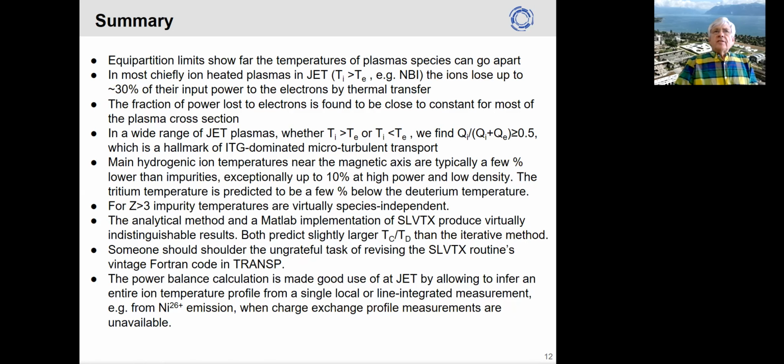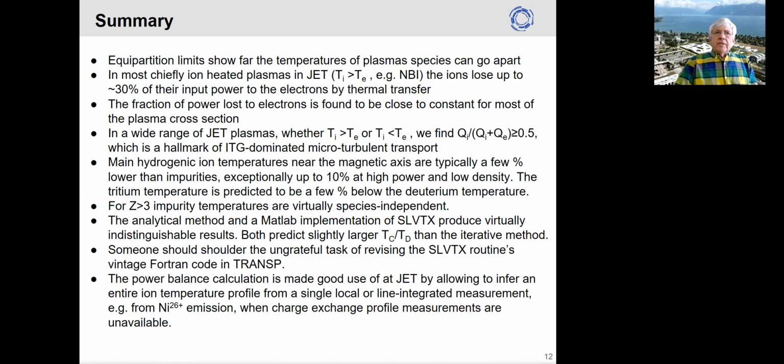The main hydrogenic ion temperatures near the magnetic axis are typically a few percent lower than impurities, exceptionally up to about 10% at high power and low density. The tritium temperature is predicted to be a few percent below the deuterium temperature. For Z larger than 3, the impurity temperatures are virtually species independent, which is convenient.